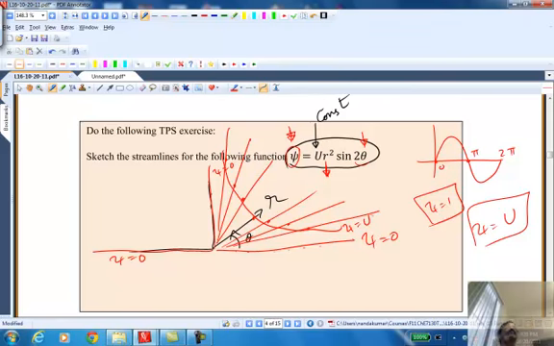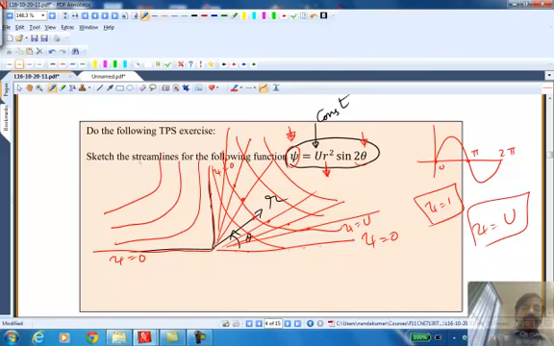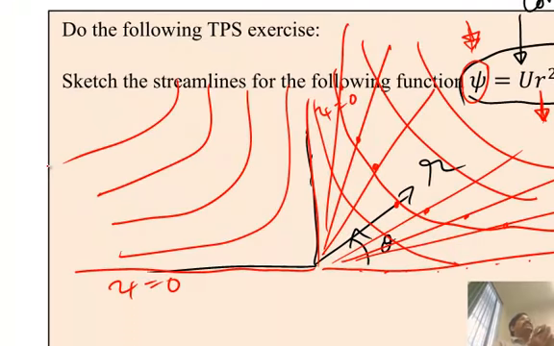I can do this for any value of psi, psi equal to 1, psi equal to 2, psi equal to 3, etc. And what you will find is that I get a series of streamlines like this. And this is called an impinging jet problem.